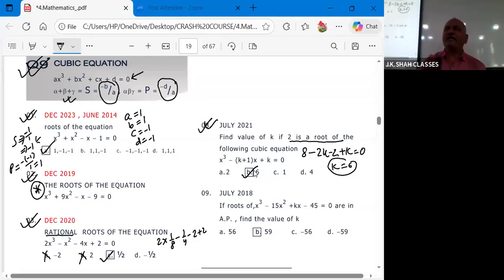Because whenever they say that this number is a root of this equation, it means just replace that value in place of x. Just wait, maybe in the next question when I explain the shortcut, you will be able to solve the other questions.